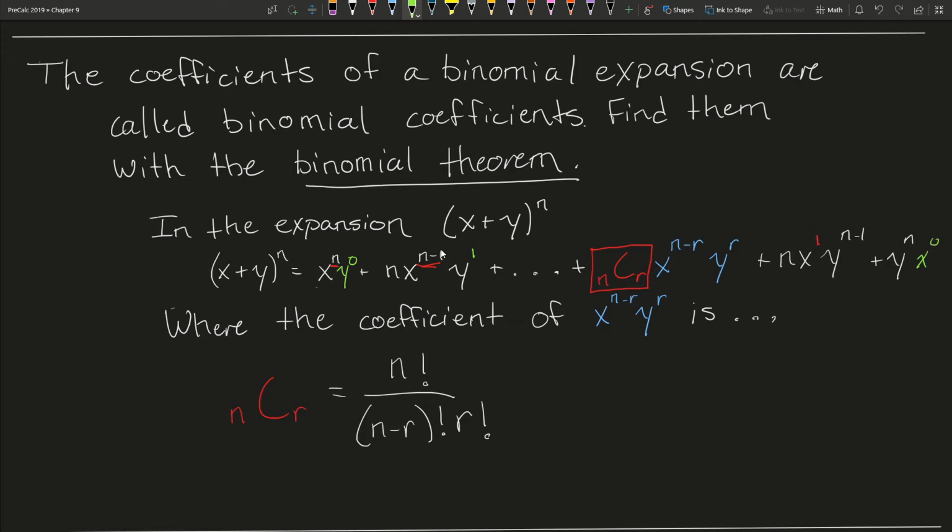I like to put that y in there just as a placeholder. And we also went over the different patterns, right? So it starts at the nth exponent, and then the exponent of x will always decrease. The exponent of y will always increase.